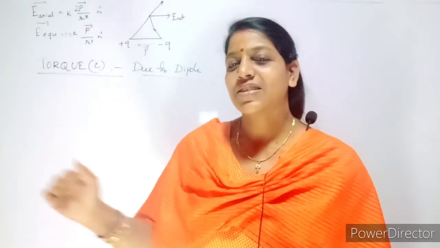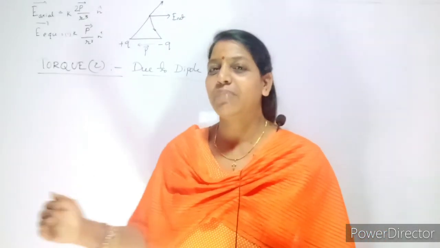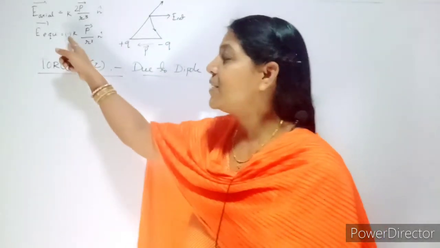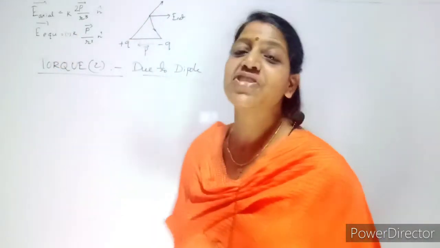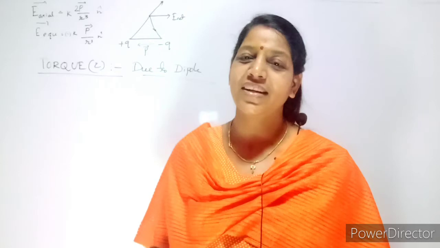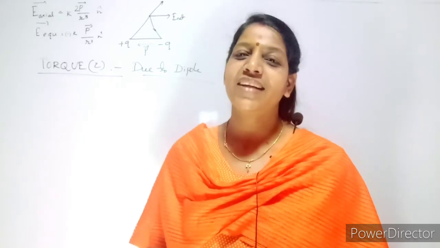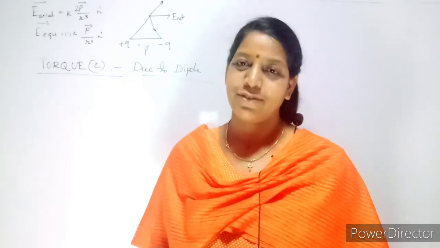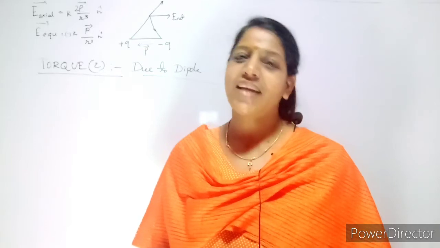Clear? So if you note it down in my last class video, then just mention the minus, and why you are mentioning minus also make a note of it, because the dipole moment vector and the net resultant of electric field is in opposite direction.